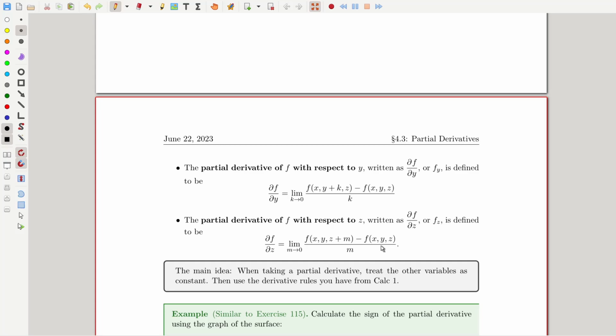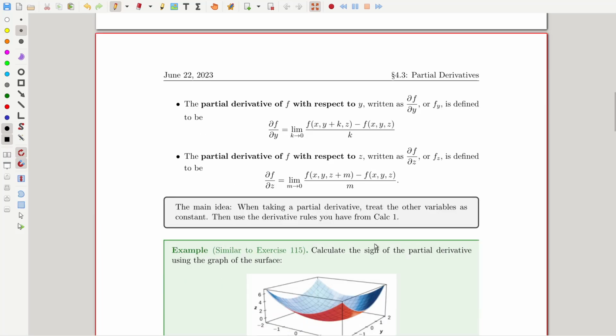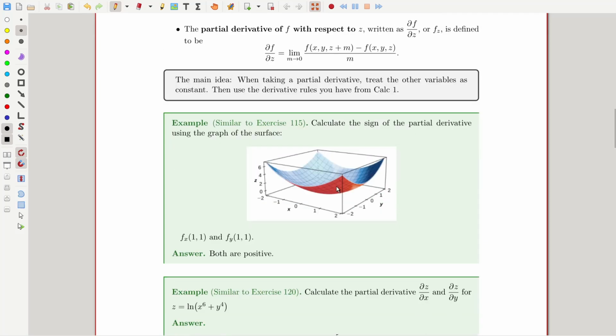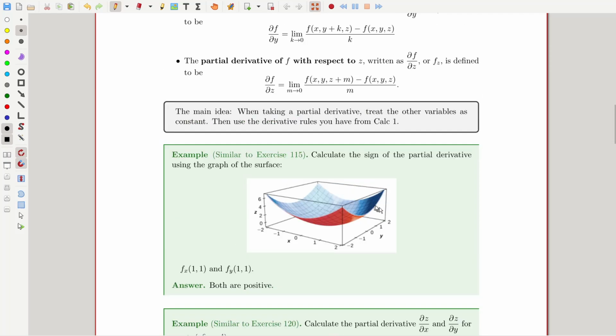Now this is the abstract definition. I think we'll shortly get to how we actually practically use this. And the idea is just going to be that we can end up using all of the old derivative rules from Calc 1. But I guess I first have... Oh, so I don't even really mention it here.